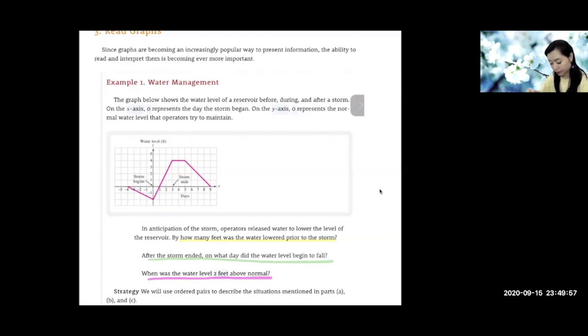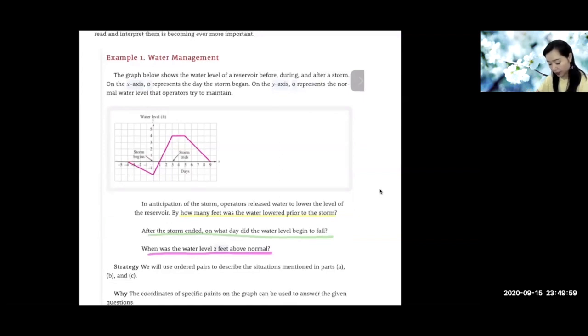Now the question over here: in anticipation of the storm, operators release water to lower the level of the reservoir. By how many feet was the water lowered prior to the storm? So prior to the storm, the storm began here. Here is 4 days before the storm began, and the water level was 0, which is normal.